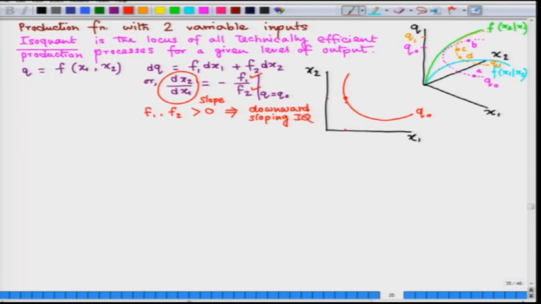So, now let us look at a very important concept known as marginal rate of technical substitution, which is abbreviated by shorthand MRTS.